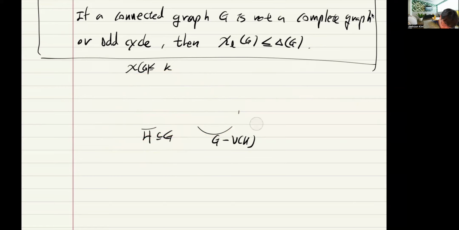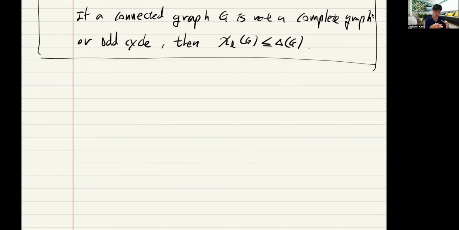So in such a sense, list coloring is more flexible when you are applying some proof, when you want to prove a certain coloring problem. It allows you to deal with the problem piece by piece.